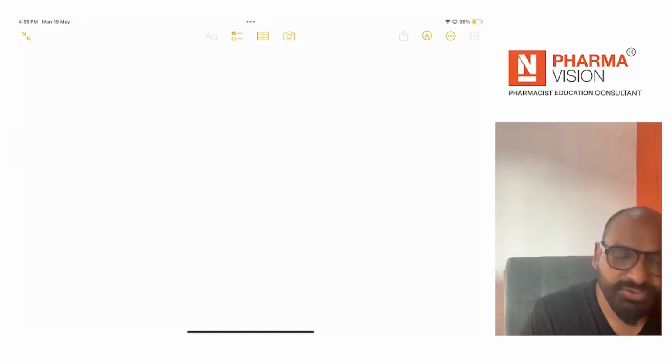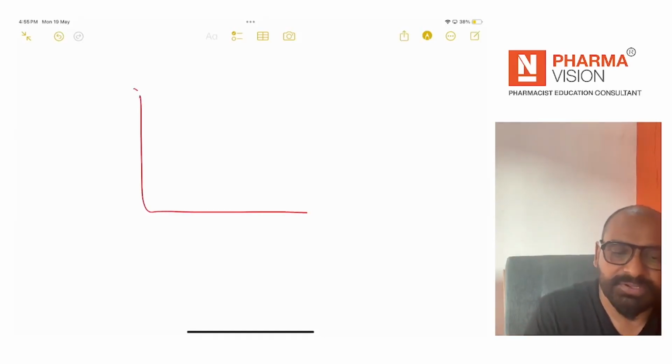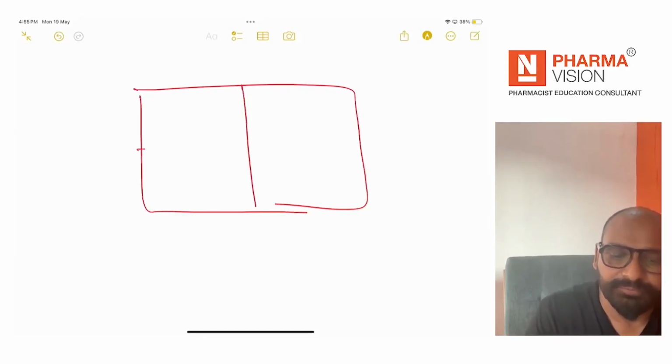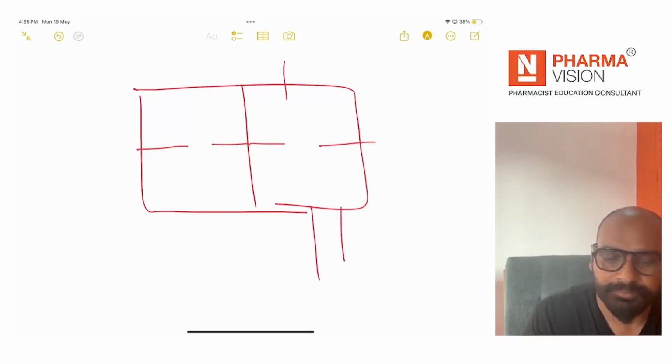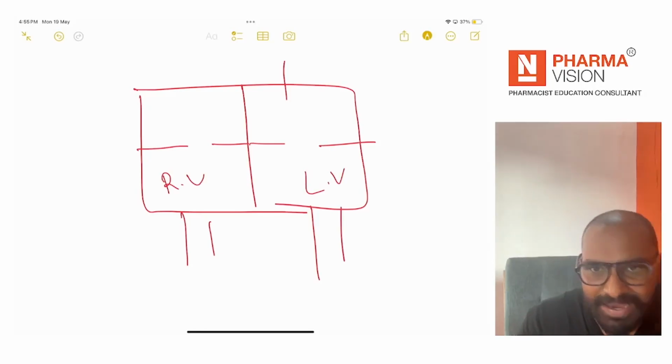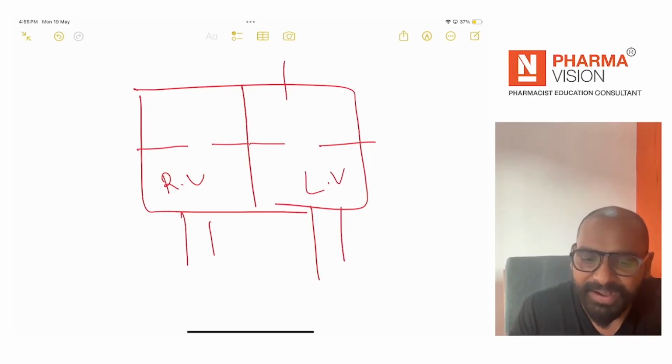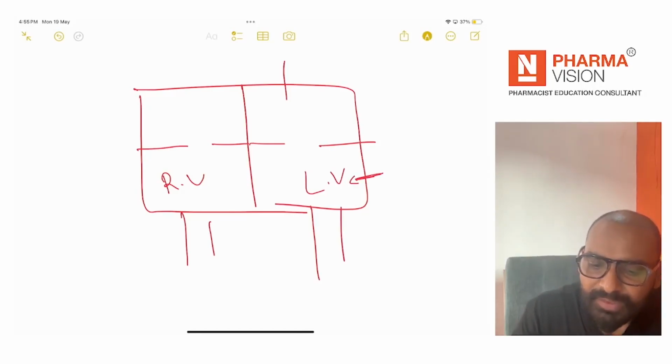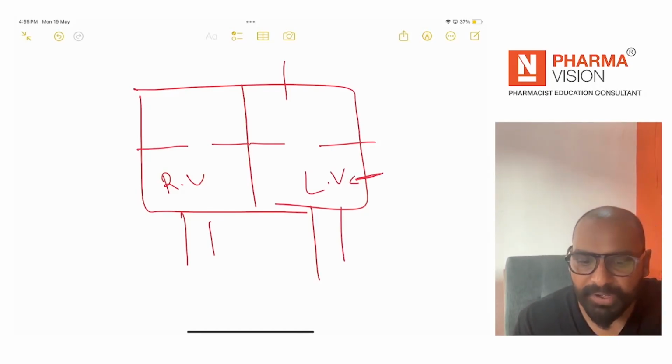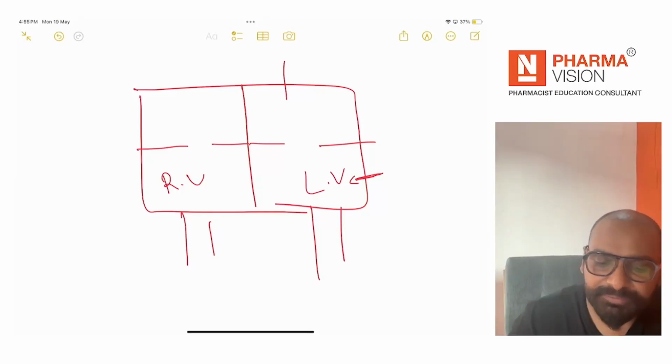Let's assume this is your heart. This is your left ventricle, this is your right ventricle. For example, this left ventricle is not functioning properly. That means what happened?